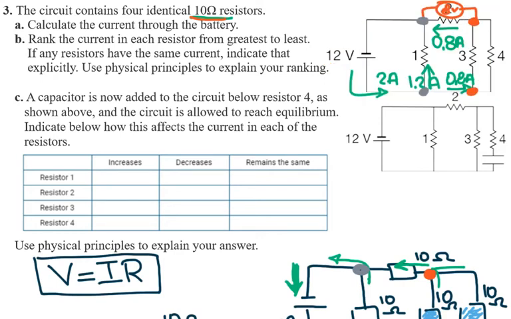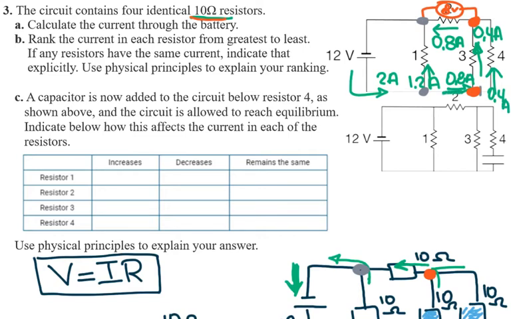So now I know that between the red points, between this point and this point, there is only 4 volts. Then, because the resistor is 10, voltage divided by resistance will give me current. So I have 4 divided by 10, so 0.4 amps will go through this resistor, and 0.4 amps will go through this resistor.